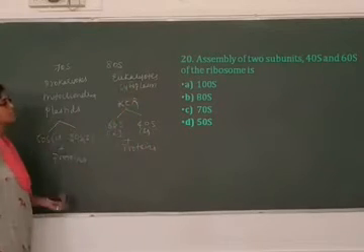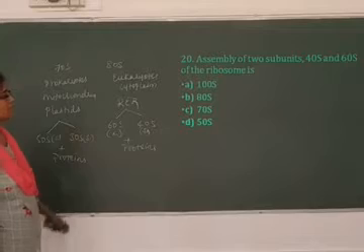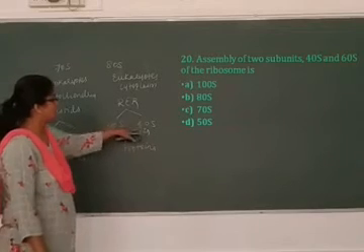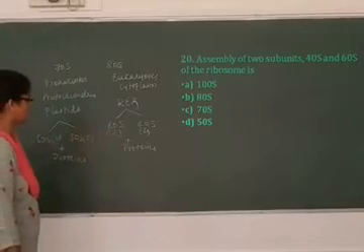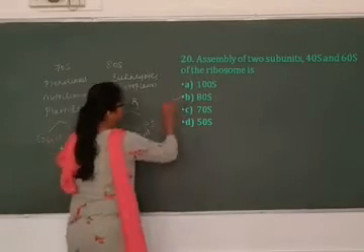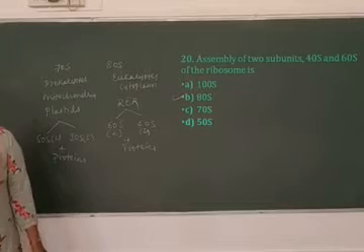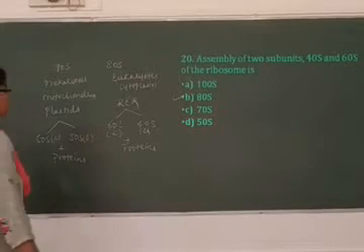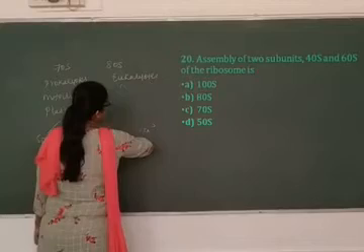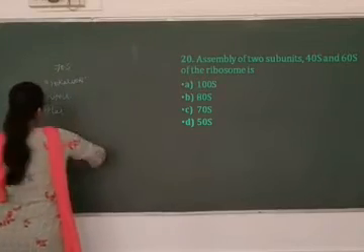So now the question is about the assembly of two subunits of 40S and 60S. When they associate with each other, they form 80S type of ribosomes, which are commonly found in the cytoplasm of eukaryotes, and also on the rough endoplasmic reticulum. So, option B is the right answer.